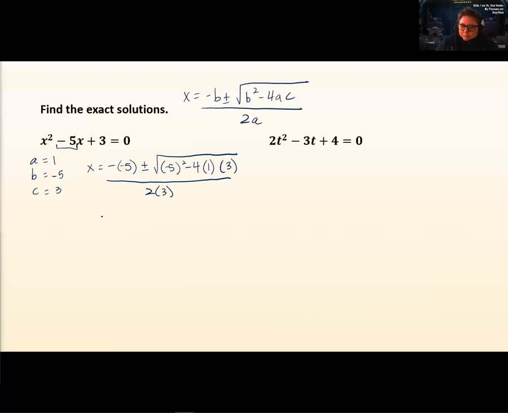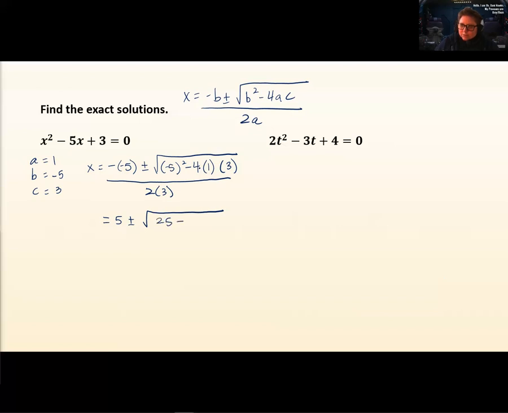Okay. So let's clean this up a bit. What's negative negative 5? Yep, 5. So we have 5 plus or minus the square root of negative 5 squared, which is 25.